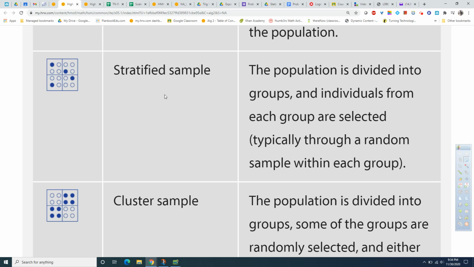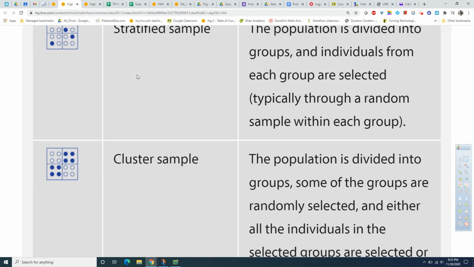With the stratified sample, you would take one random freshman, one random sophomore, one random junior, and one random senior. So you're breaking it up into groups and then random inside the group. So that's a stratified sample. And for a school, that's probably not a bad idea. That way you get all the ages represented, and it's still random.